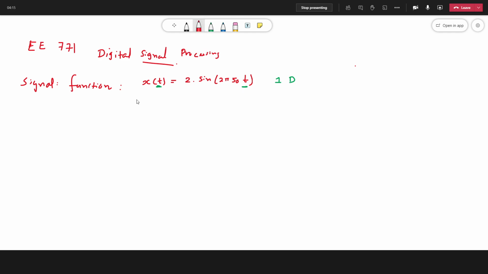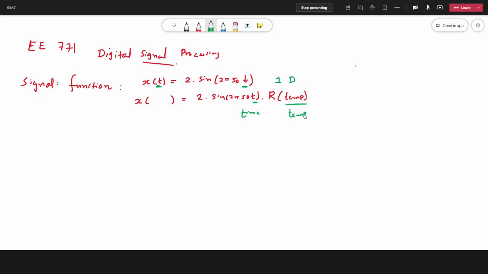Now take the case of a signal which has the form 2 sine 2 pi 50t into resistance R varying with respect to the temperature. So here my signal is dependent on two parameters, time t and temperature.